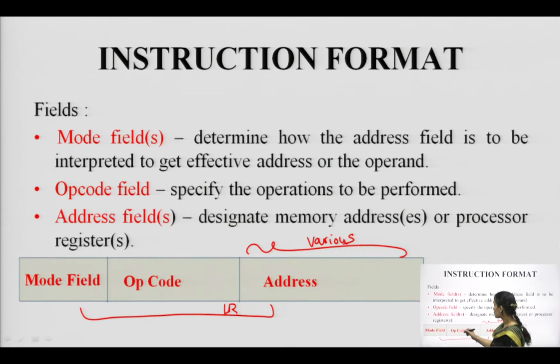The first field, that is mode field, determines how the address field will be interpreted to find out the effective address or to find out the operand. Here the effective address is the address where my operand is lying.